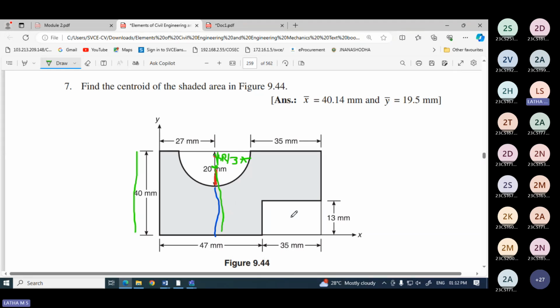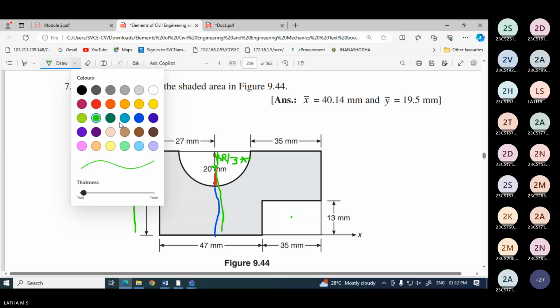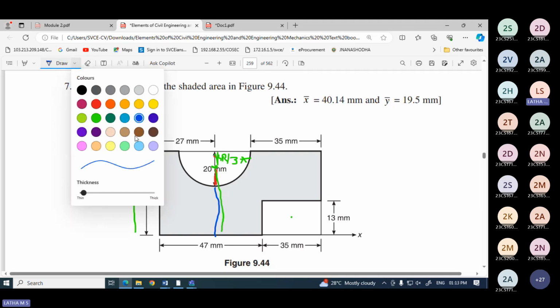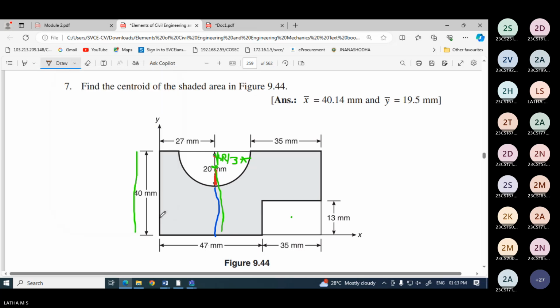Now what is x3 and y3? This is x3. X3 is how much? 47 plus half of 35.